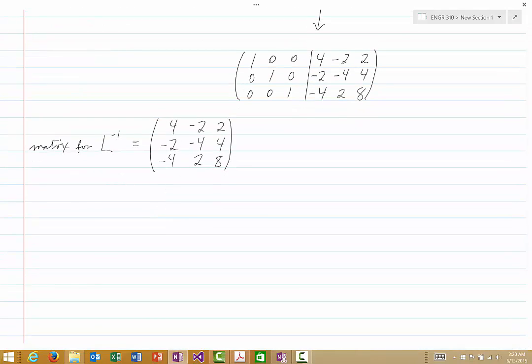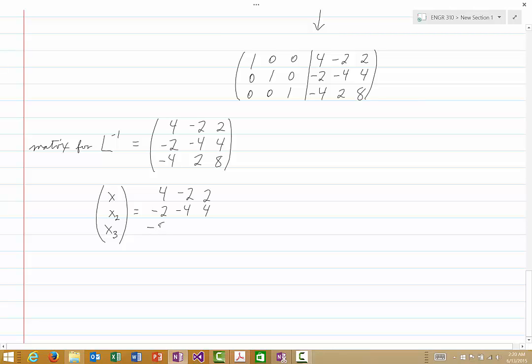And therefore, x1, x2, x3 is equal to that matrix times y1, y2, y3.